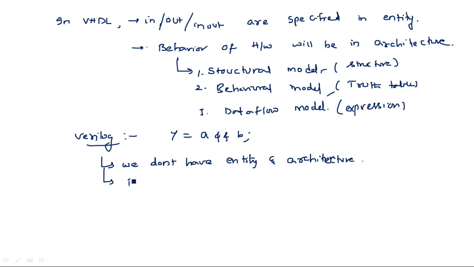We have a module. Just simply a module is there. Inputs, outputs are directly specified, and then we write the logic operation without including any port, entity or architecture. This is Verilog. We can say it is a simplified version of VHDL.